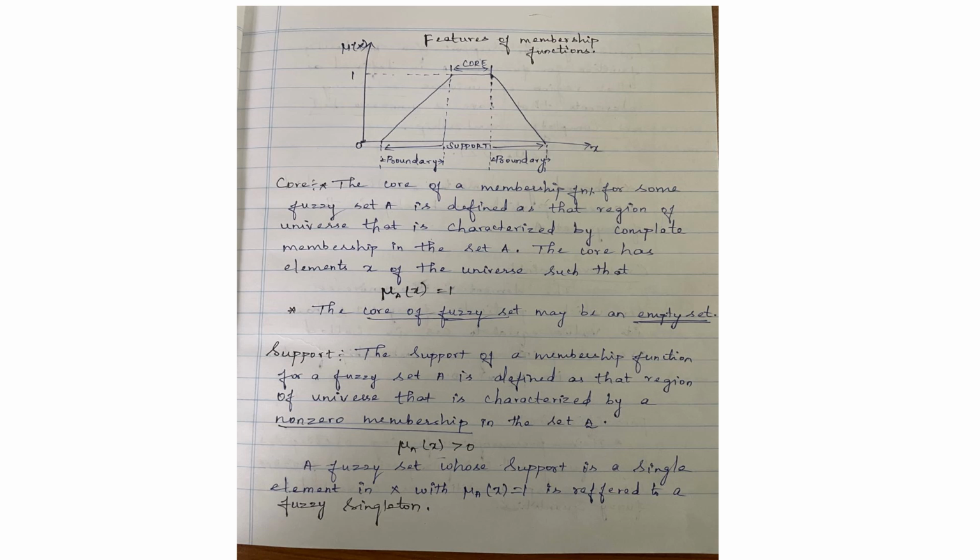Once again I will repeat: in a fuzzy set, if an element holds the value equal to 1, then it comes under the core feature. Support means the membership value of an element should be greater than 0.